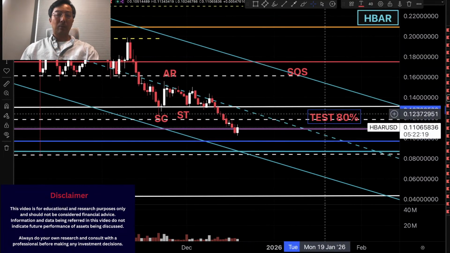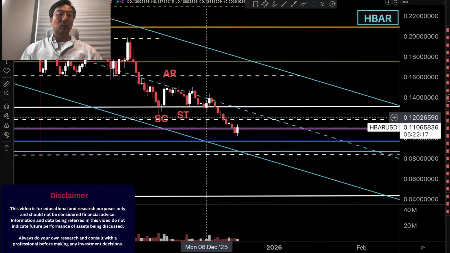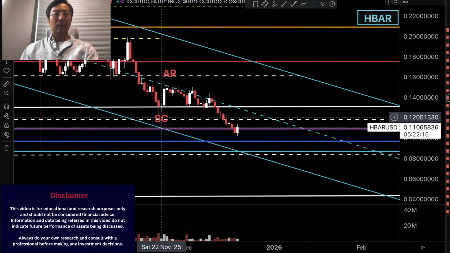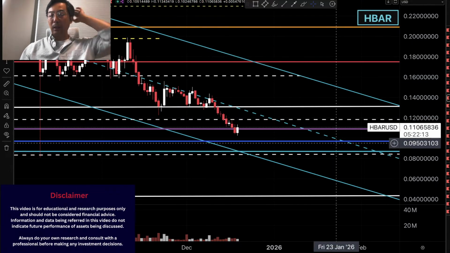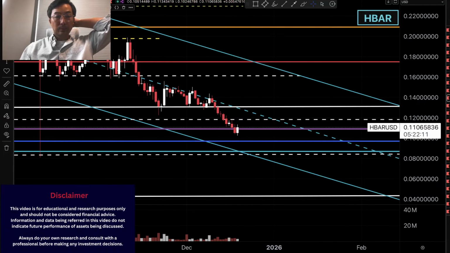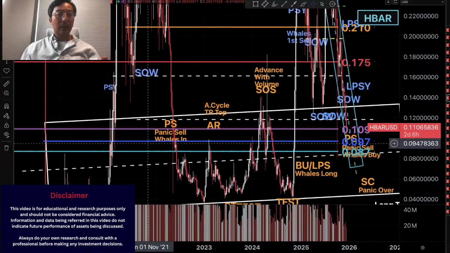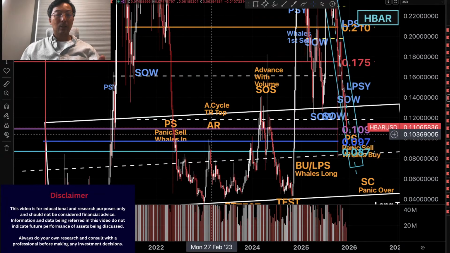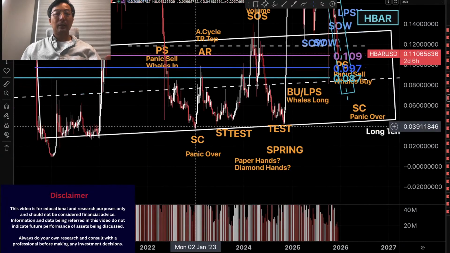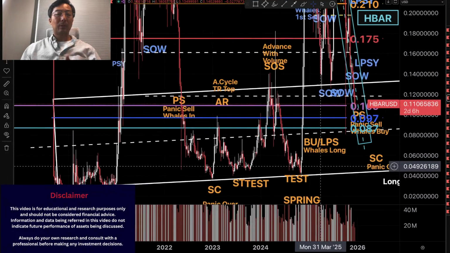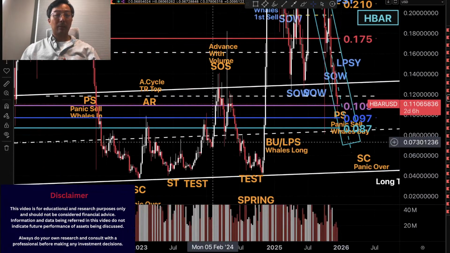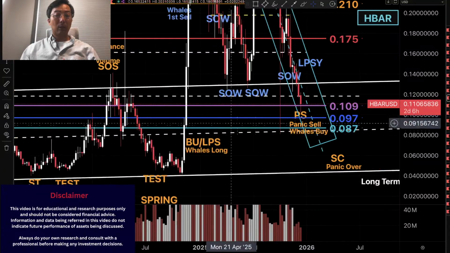Obviously, the test of paper hands and diamond hands will continue, and like I said earlier, when it comes down, it doesn't necessarily have to go as low as it did 2-3 years ago. When I mentioned Ethereum, I talked about the same thing. It can start accumulating earlier.